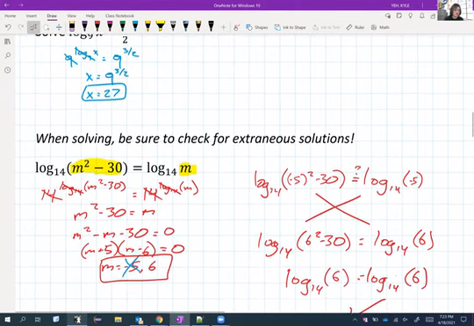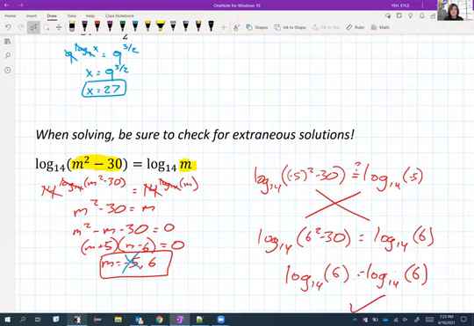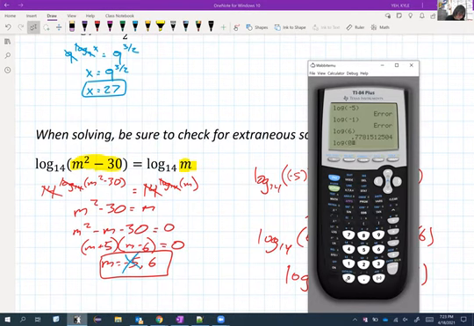So make sure that you're always plugging in to check for those extraneous solutions and making sure you're only taking the log of a positive number or 0. What do you think? Can you do log of 0? Nope, you can't. And I'm not going to explain that because we'll cover it in a future section. Sorry, I had to think ahead just a second there. But always has to be that positive number.